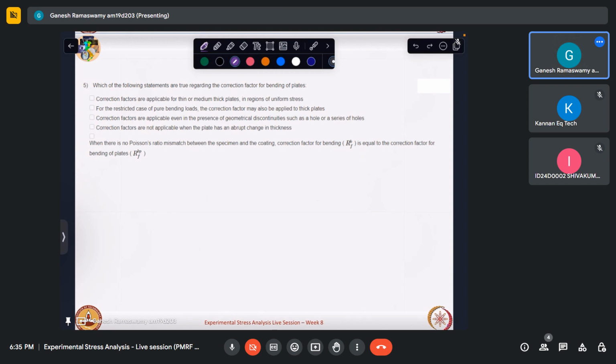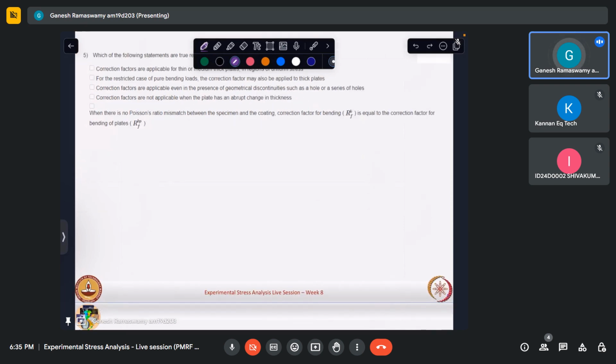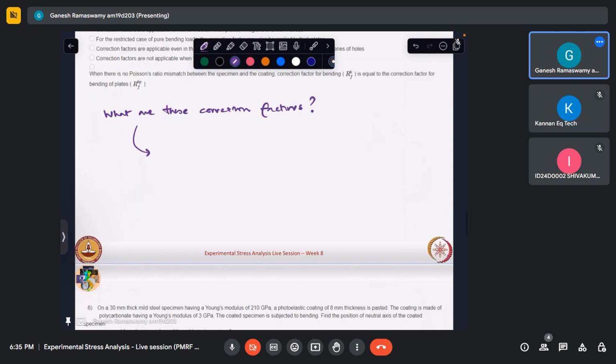So essentially, what are these correction factors? These are introduced to account for the reinforcing effects of the coating.